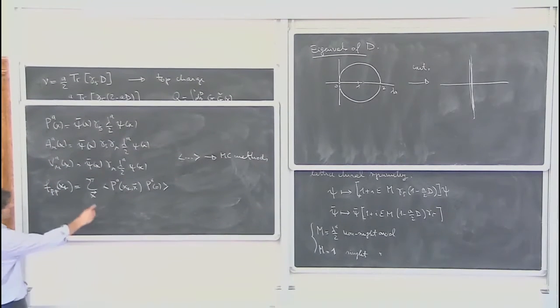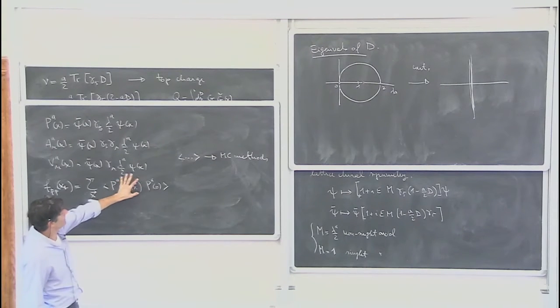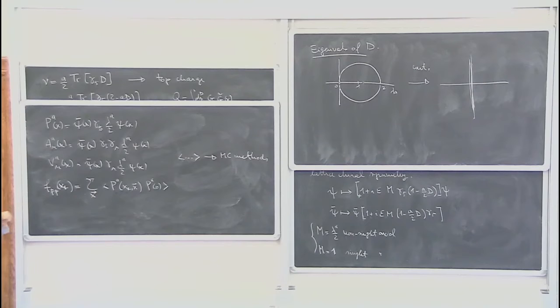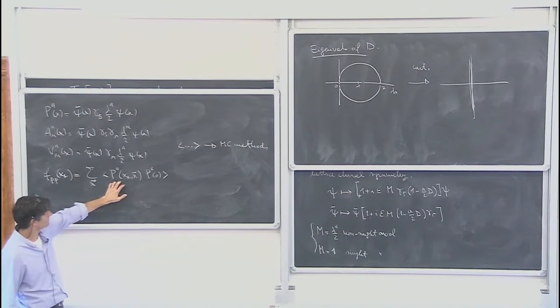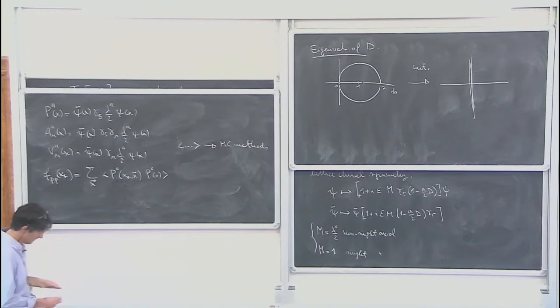So typically, you're able to compute 2-point functions, 3-point functions, or more complicated correlators. And then the game is to actually extract some physical information from the behavior of these correlators.